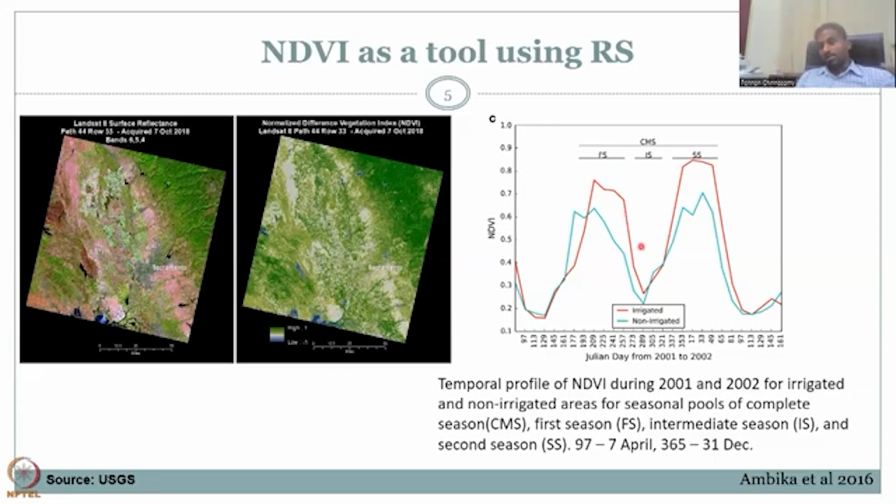And you can see that you can differentiate based on just the NDVI data for a particular location if it is irrigated or non-irrigated. So you can see that 3 seasons are there. In the IS season, which is the intermediate season, nothing is grown much. So almost barren land, almost zero.